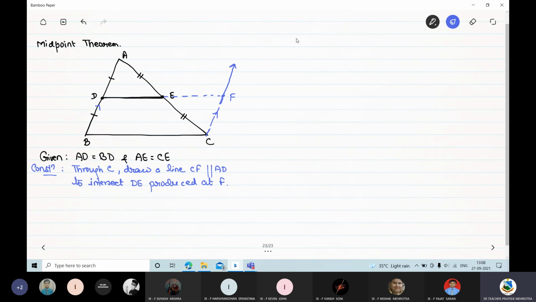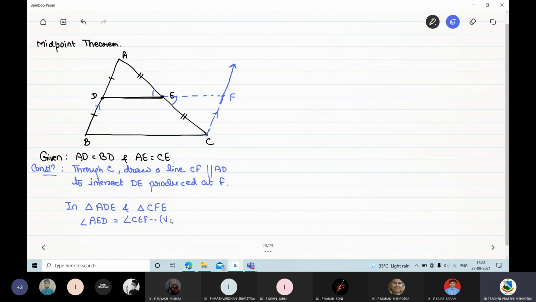Now in triangle ADE and triangle CFE, we can say that these two angles will be equal because they are vertically opposite angles. I'm trying to prove these two as congruent. So we can say that angle AED will be equal to angle CEF.